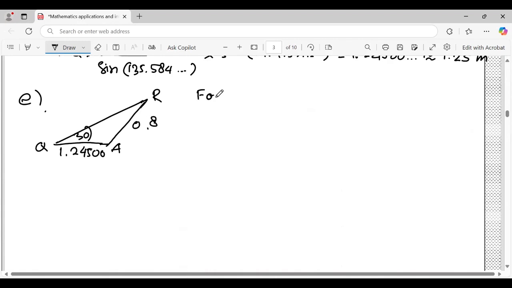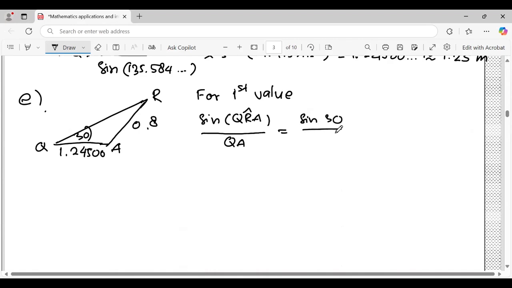Next, for the first value, because there are two values: sine QRA over QA equals sine 30 over AR.